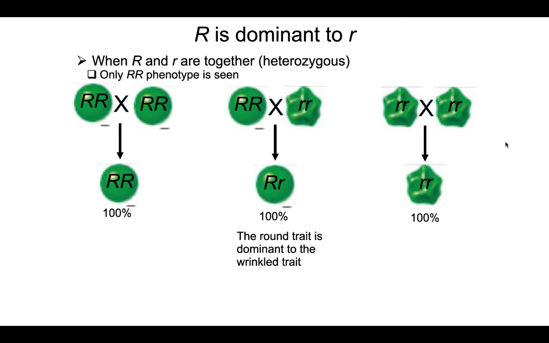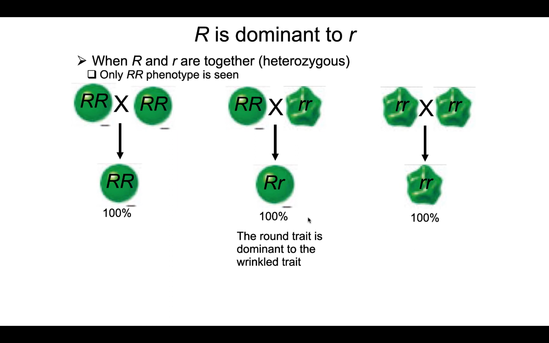And we do the same for the other allele. We've got a pure breeding little r allele organism. And when you cross them to each other, you get, of course, wrinkled offspring. And if you breed the offspring together, you're going to constantly get wrinkled seeds. So they are pure breeding.